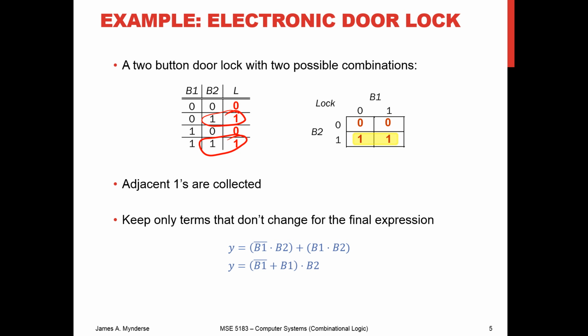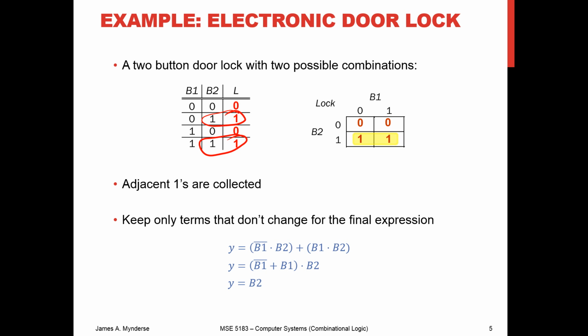Well, if we pull out that B2, so now we've got not B1 or B1 and B2. Well, not B1 or B1 is just 1, so the result is B2. So by being adjacent, that corresponded to a case that we can simplify, and we can throw out the value that's changing, the B1 in this case. The B2 is constant. So we can do that in a general sense.